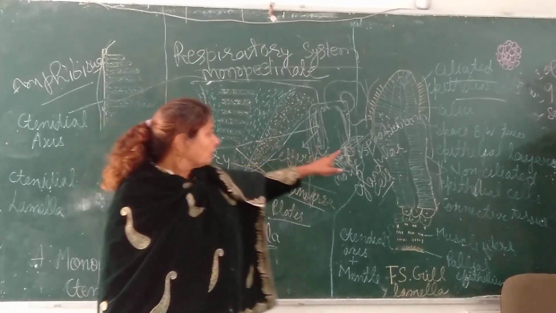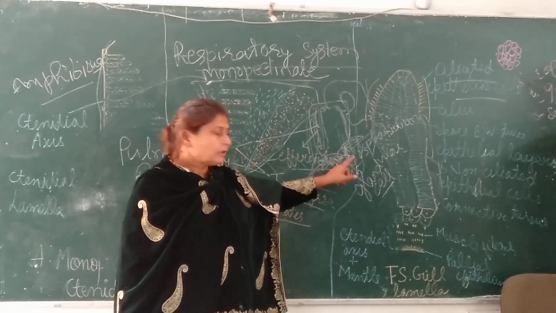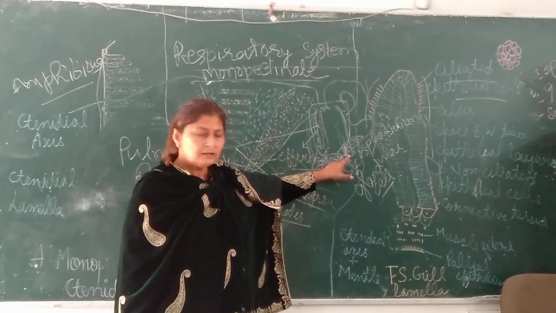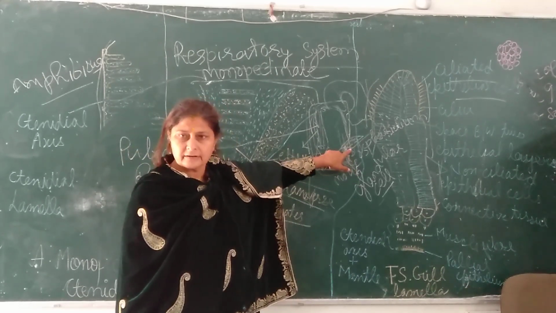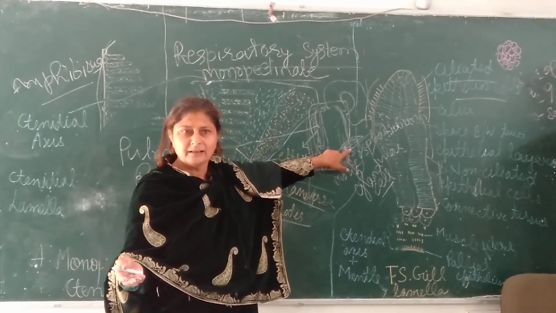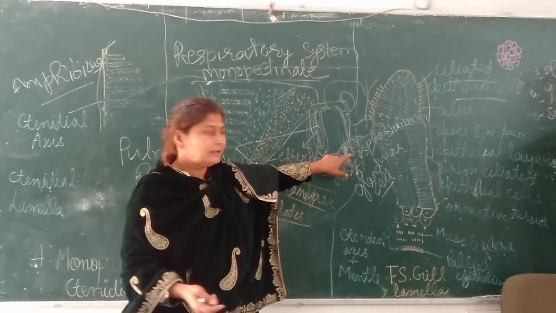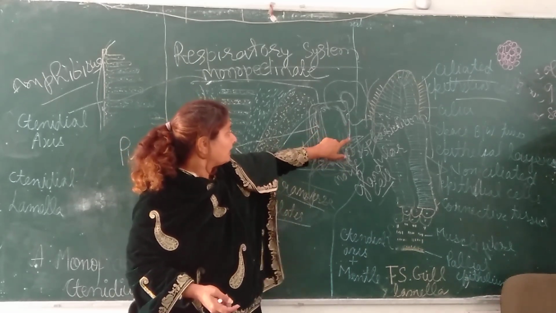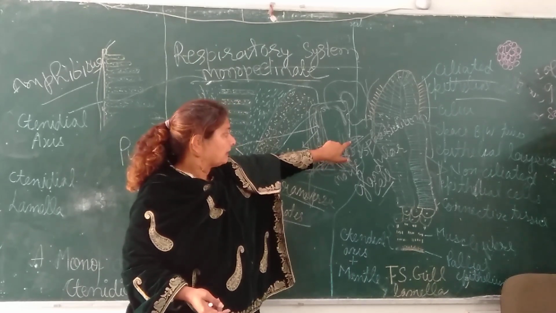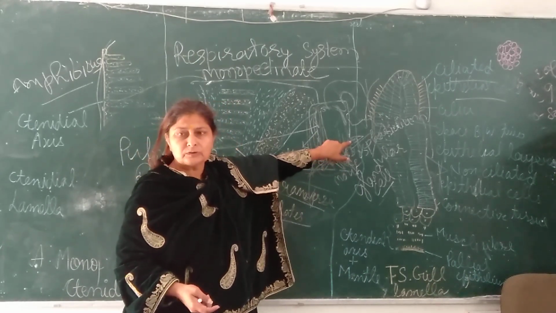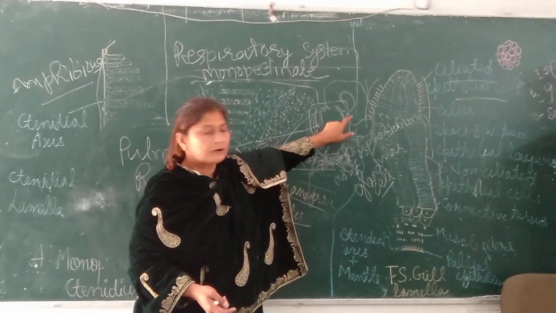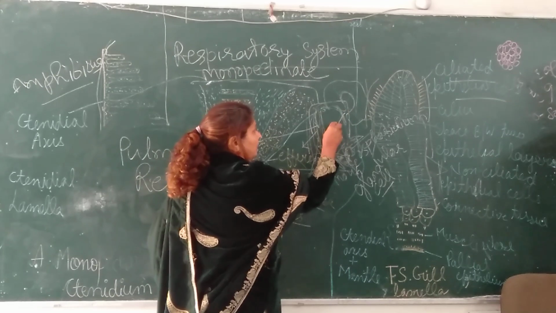Then what they do? Again, the same, from this nuchal lobe, instead of water, air enters, because there is no water. This air is checked by the osphradium and enters into the pulmonary chamber, where this pulmonary pore is present.